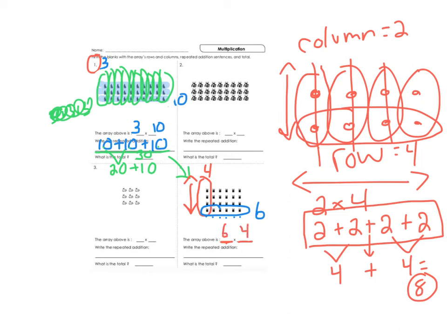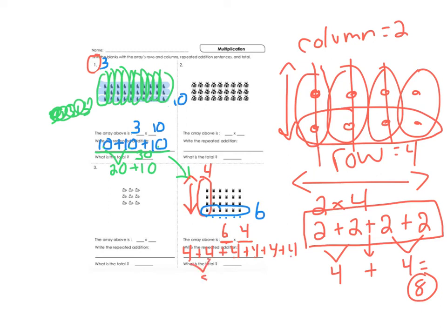Okay, so if it is 6 times 4 and we want to do addition, we'd have to go 4 plus 4. We need to do this 6 times. Plus 4 plus 4 plus 4 plus 4. Did I do it enough? 1, 2, 3, 4, 5, 6. Okay, then we would do the adding.